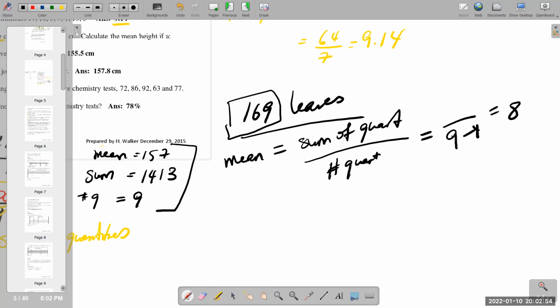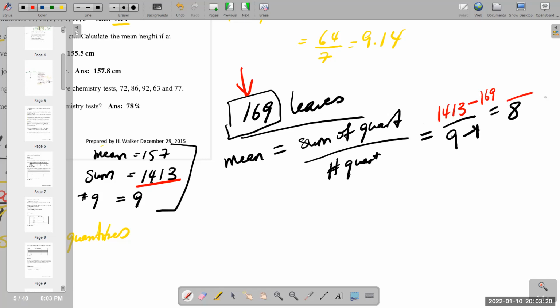What am I subtracting? Which 2 numbers? Obviously, it has to be the original sum minus his height. Excellent. So what I should write here is 1413 minus 169. So what is my new sum?